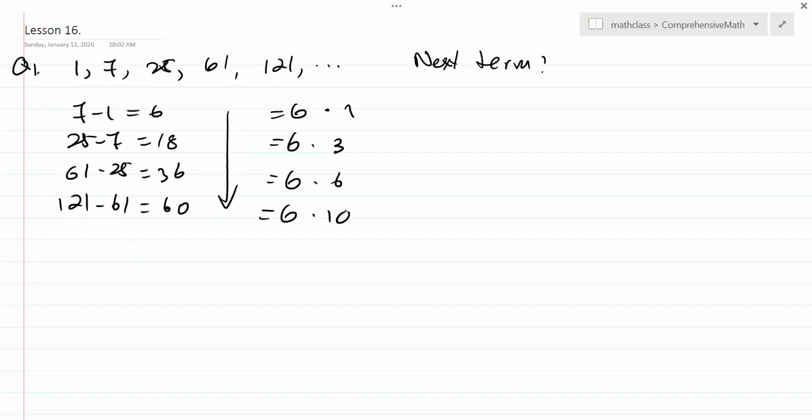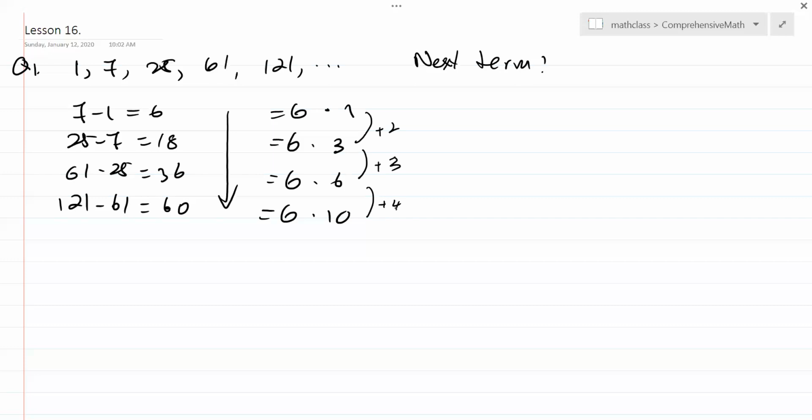So now from 1 to 3, you add 2. From 3 to 6, you add 3. And from 6 to 10, you add 4. So actually, what we got here, you have to look at the third sequence. You take a difference: 3 minus 1, 6 minus 3, and 10 minus 6.